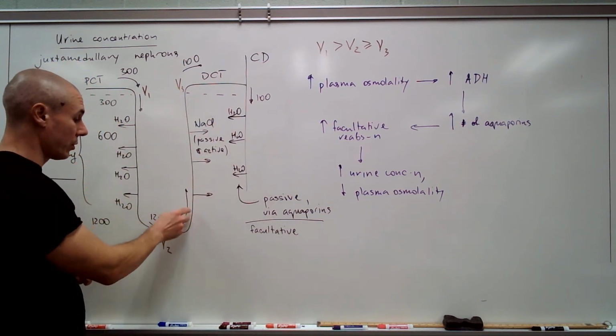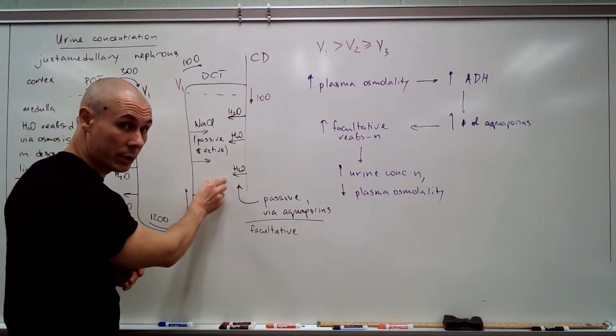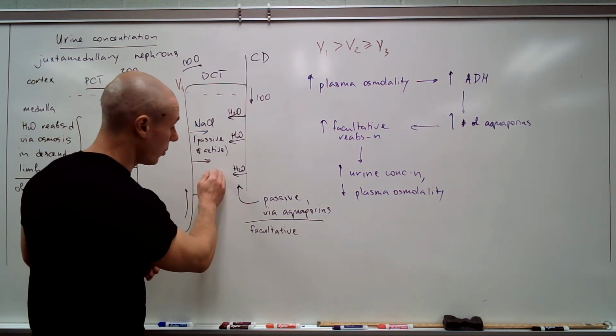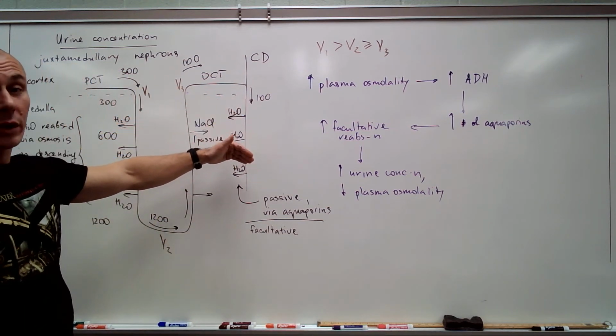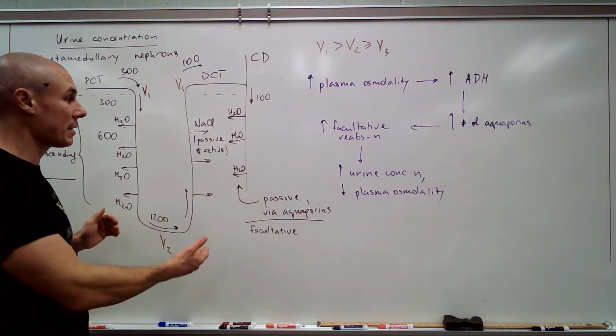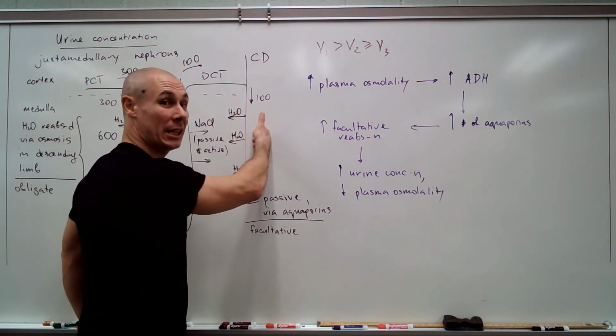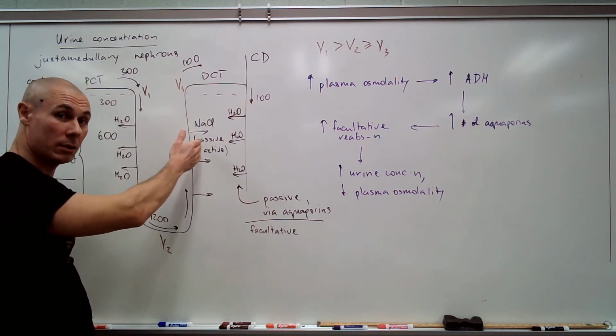So filtrate is very concentrated here, more concentrated than medullary tissue. So it will move here, and as water is being reabsorbed from the urine, see this here? Urea concentration will go up in the urine, and that will drive the reabsorption as well.